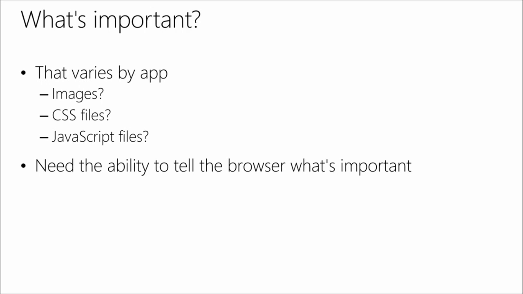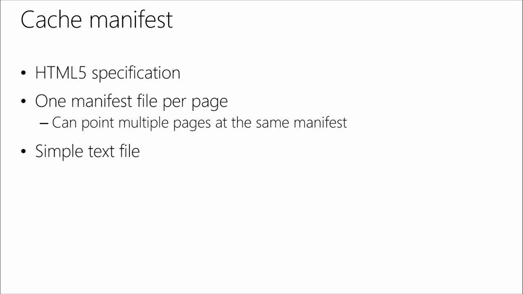It might be images, might be CSS, might be JavaScript, might be HTML, could be all sorts of different things. So if a browser is going to cache data, I want the ability to tell the browser what's important. And this is where our cache manifests come into play.